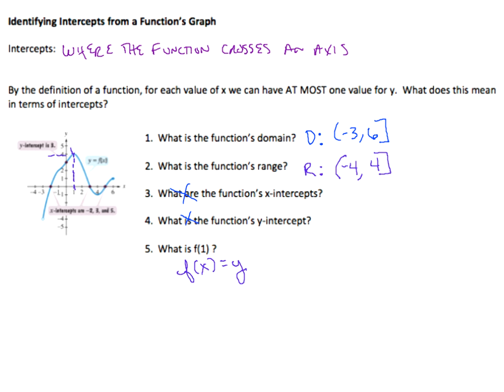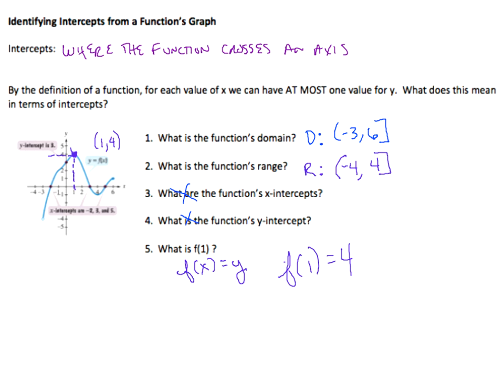And it looks like, remember I told you those can represent points as well, it looks like the point 1, 4 exists on the graph. So f of 1 is 4 in function notation. We'll have plenty of those to practice with in your homework.